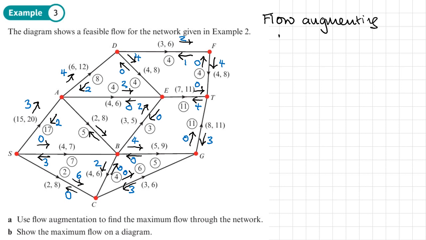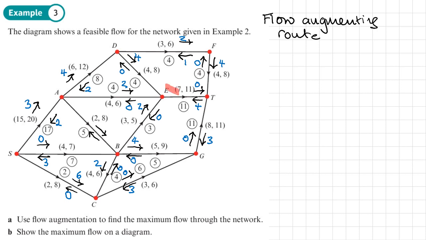Now remember, that's a route which takes me from the source to the sink without using an arc which has 0 from S to T. The easiest way to do that is to look at the vertices that go into the sink and then look at the ones where we have 0 going in. So ET, I'll just put a cross through that.